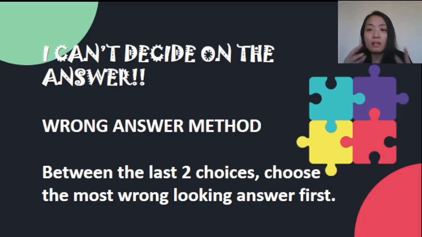So this method actually applies to other subjects as well, to your science subjects and others, because this is backed up by research which has been done by other people to compare two groups of people who are working on this. And they found out that the group which used this wrong answer method were actually more able to get more correct answers compared to the group that uses the best looking answer method.